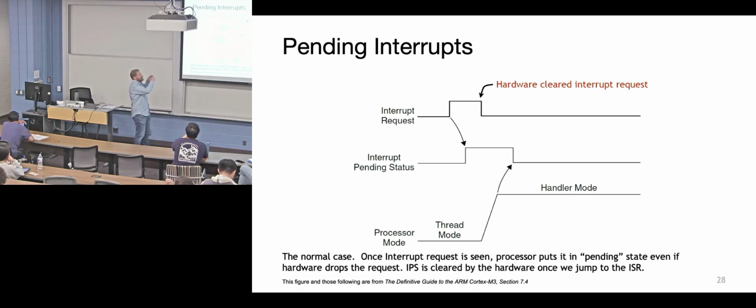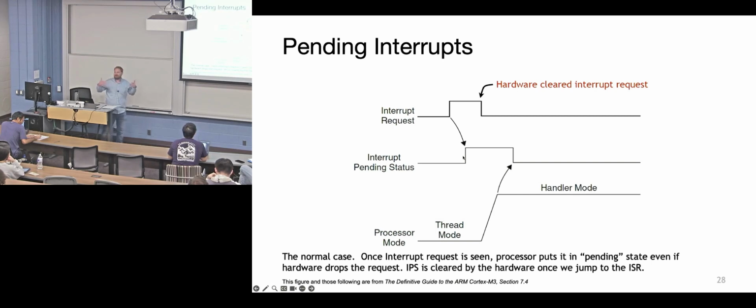So basically a register just holds which interrupts are pending. So in this particular case, your hardware goes high, it pulls this. Within some period of time, usually like a clock cycle, the NVIC will say, aha, this is now pending. This thing will go into the pending register.